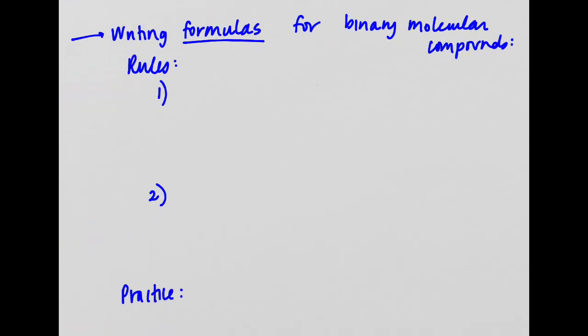Now let's look at the rules for writing formulas given the name for binary molecular compounds. So we're going to just use the same concepts as the rules for naming when we're given the formula.